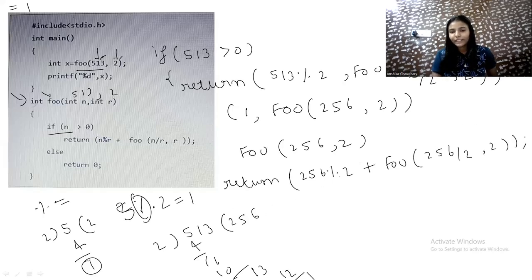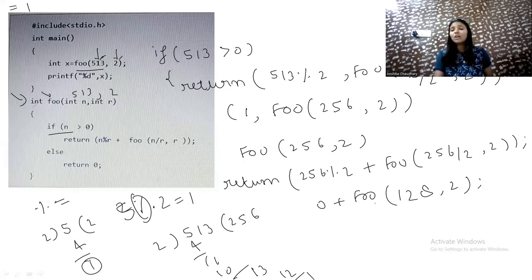Whenever we divide 256 by 2, we get nothing as the remainder, as this is an even number, and any even number divided by 2 gives remainder 0. Plus now we call the function again, and this time we divide: 2 1s are 2, 2 2s are 4, and 2 8s are 16, so 128 will be the result, and 2.